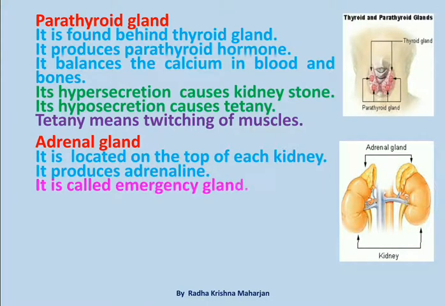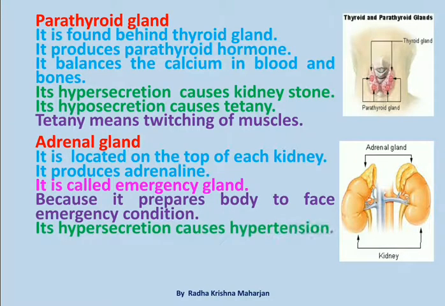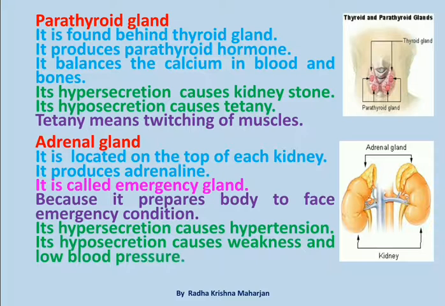It is called emergency gland because it prepares body to face emergency condition. Its hypersecretion causes hypertension. Its hyposecretion causes weakness and low blood pressure.